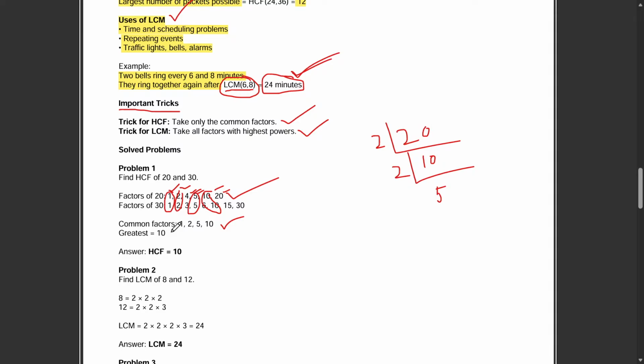Okay. So now we will find the greatest among these numbers. So the greatest number is 10. So the answer, the HCF of 20 and 30, is 10.